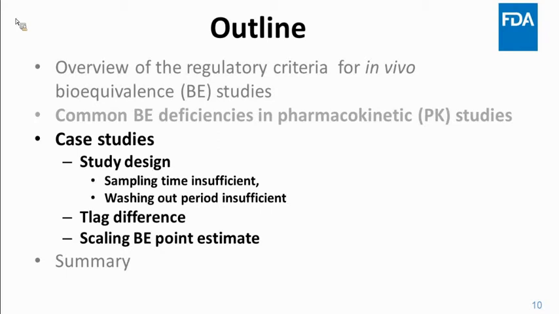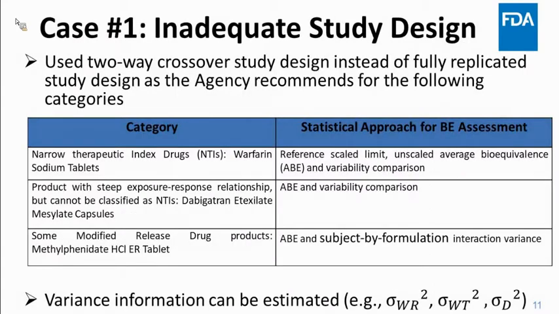In the next slide, I will share 7 cases in our review process. Case 1, BE studies were conducted in 2-way crossover instead of 4-way fully replicate study for the following categories. 1, NTI drugs.